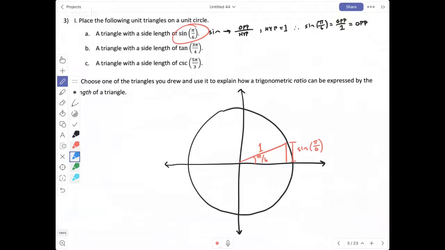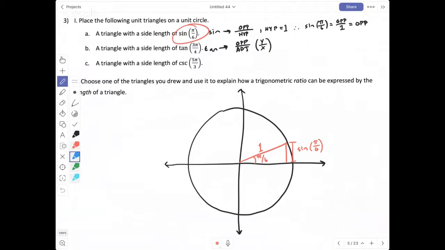Now in blue, I want a triangle with a side length of tangent 3 pi over 4. Well, I remember that tangent is the opposite over the adjacent. On the unit circle, that's the y over the x. So if I'd like the y value to be the tangent of 3 pi over 4, I'm going to make x equal to 1.